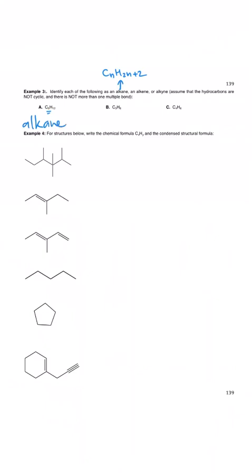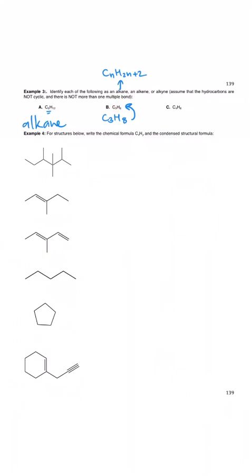Because the chemical formula matches that generic chemical formula of an alkane. Now let's take a look at B. If I write the generic chemical formula of C3H, it would be 3 times 2 is 6, 6 plus 2 would be 8. However, this is not matching what is given. It's given only 6.